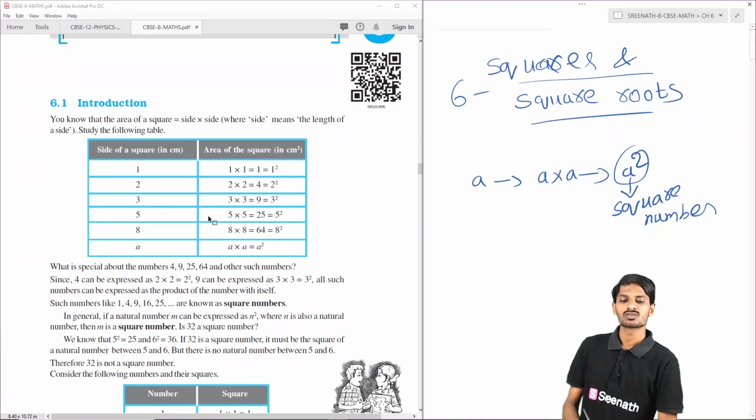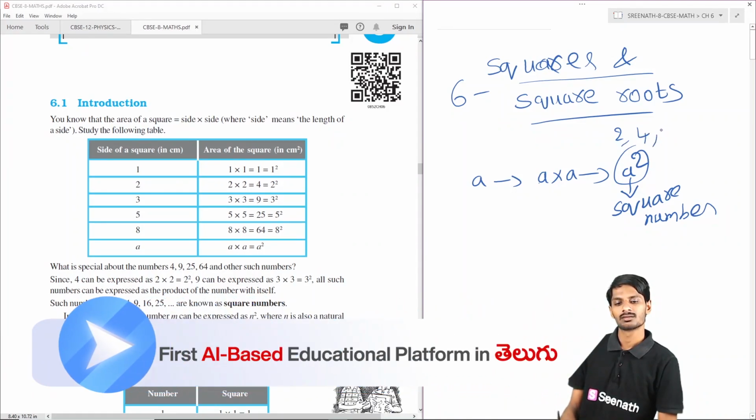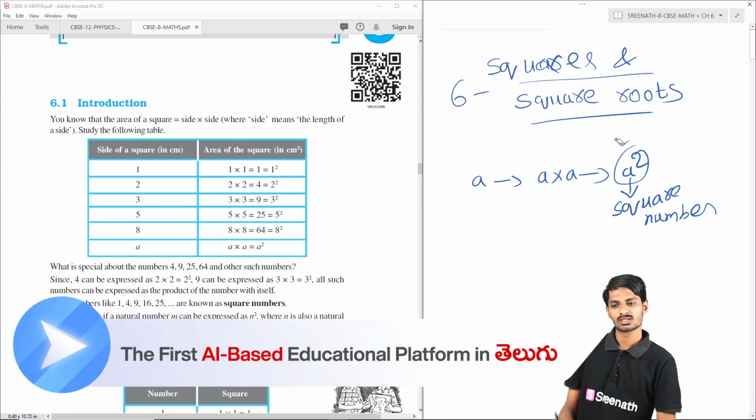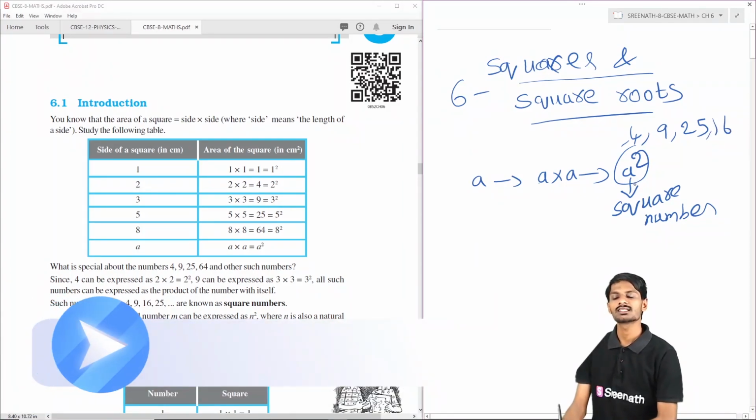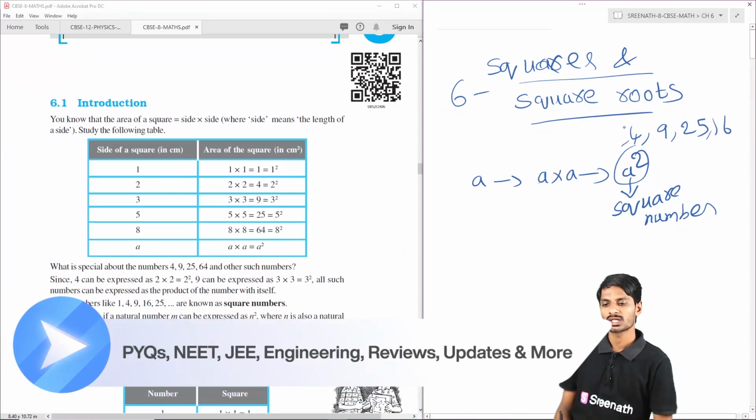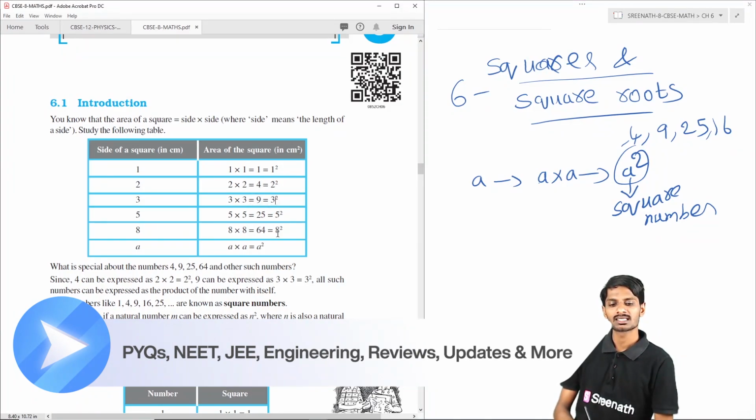Okay, students. In the examples, there is 4, and 9 and 25 and 16. All these are square numbers, students. Why? 4 can be written as 2 square, 9 can be written as 3 square, and 25 can be written as 5 square.